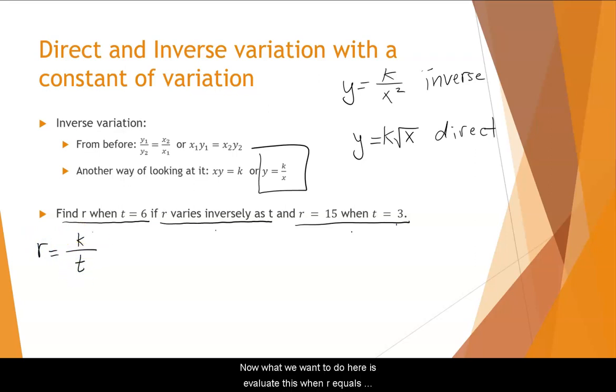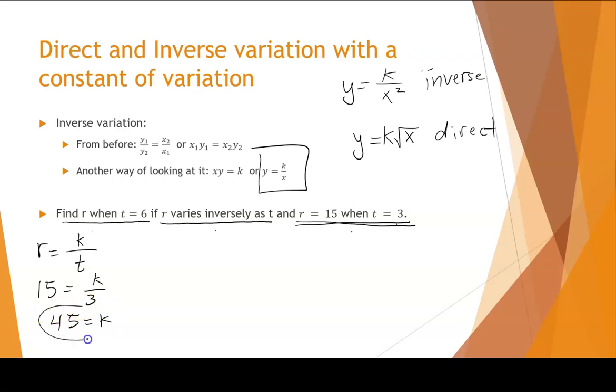Now what we want to do here is evaluate this when r equals 15 and t equals 3, so we can find the k value. So we have 15 equals k divided by 3. To solve for k, multiply both sides by 3. We find 45 equals k.